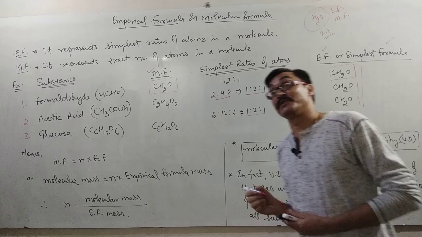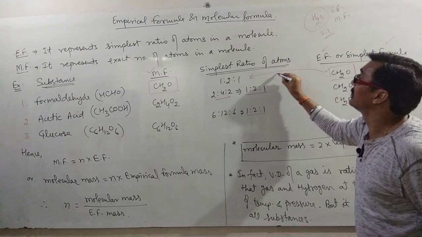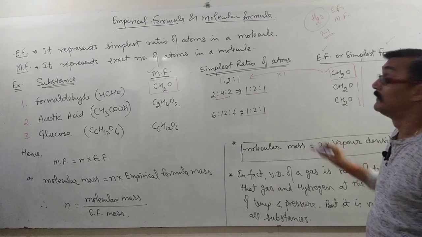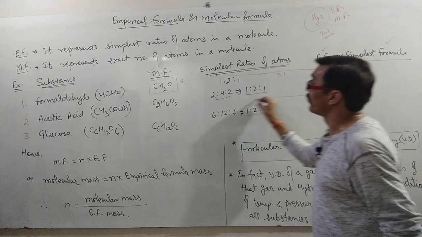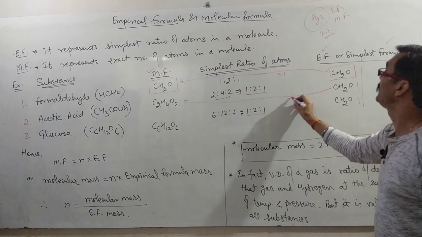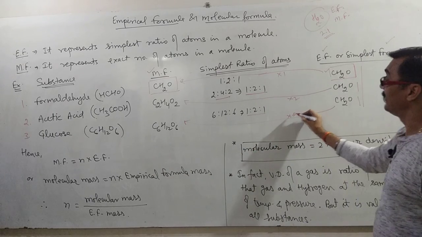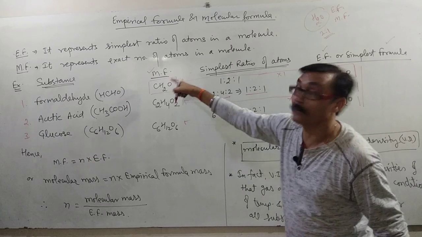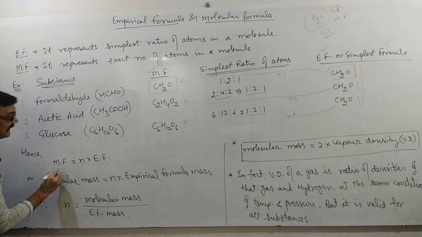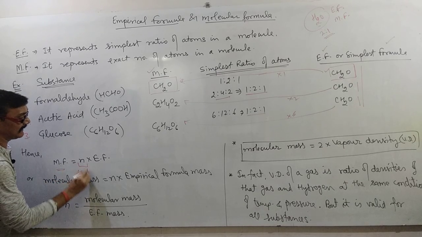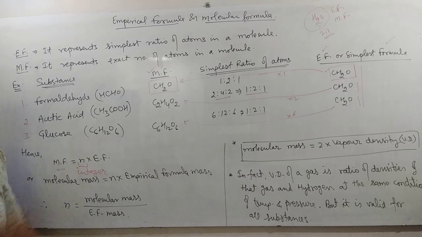And another observation: if the simplest formula is multiplied by an integer, here by 1, in case of acetic acid multiplied by 2, here multiplied by 6, then you will get the molecular formula. That is, the molecular formula of a substance is an integral multiple of the empirical formula.